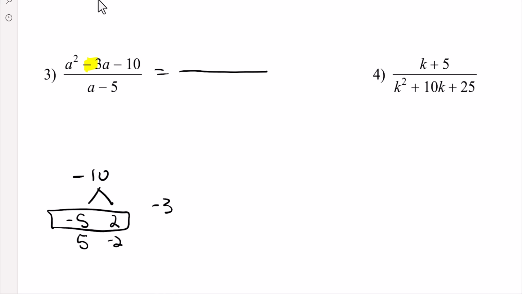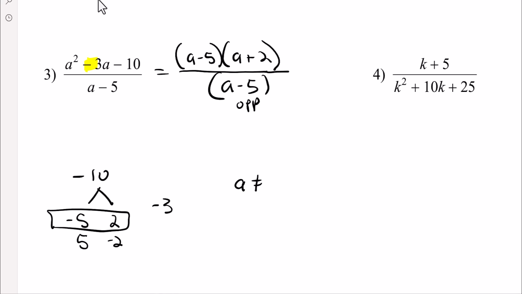Well, these, when you add them, add up to negative 3. So in the two sets of parentheses, we're going to have a subtract 5, a plus 2, in the denominator we have a subtract 5. Since there's only one denominator, take the opposite of that. So a can't equal positive 5 because 5 is the excluded value.